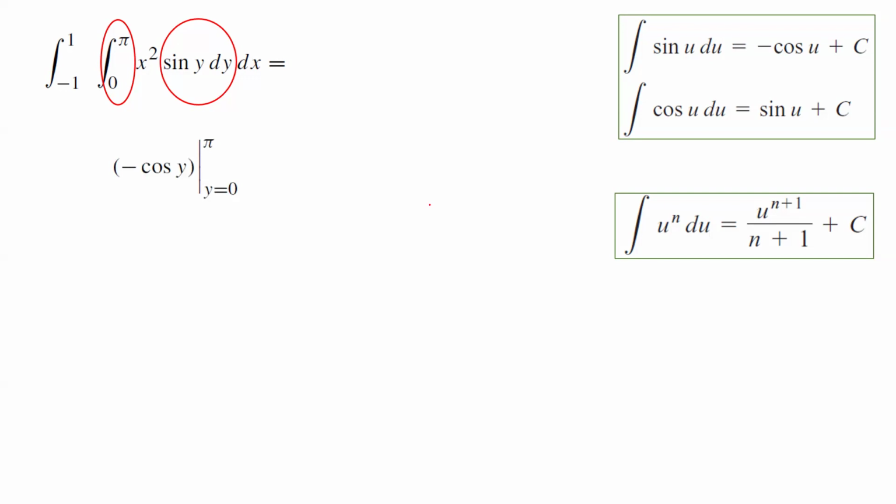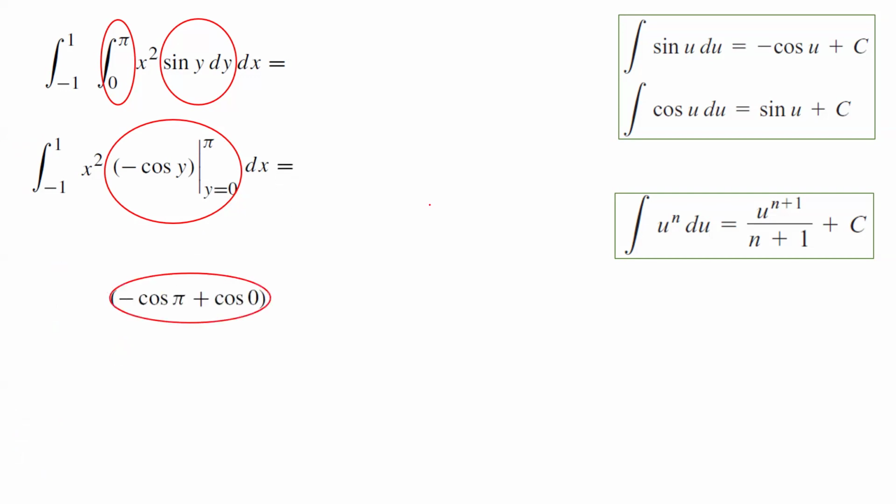The integral of sine y is negative cosine y, and y is bounded between 0 to pi. Then you take the outer integral of x squared with respect to x. This is equal to, well, if we calculate negative cosine y, y bounded between 0 to pi, we have negative cosine pi plus cosine of 0.